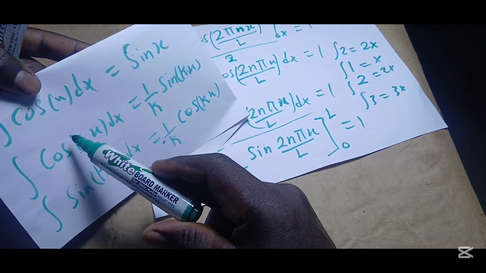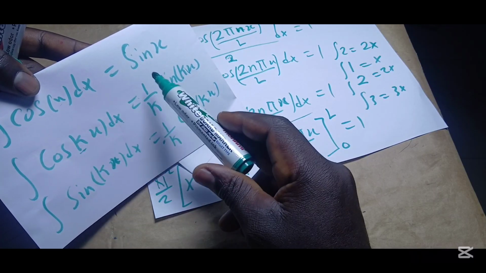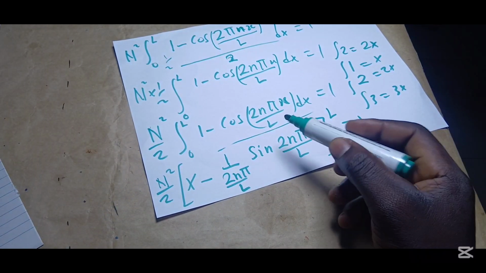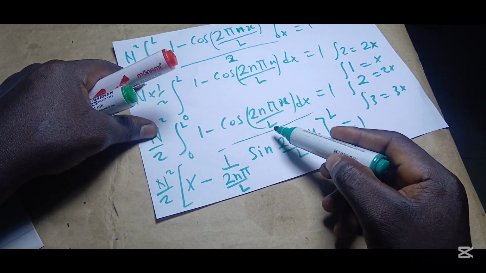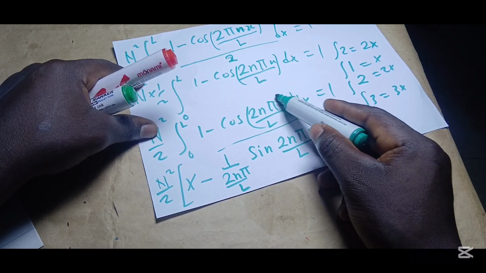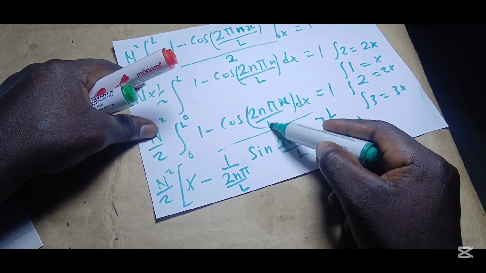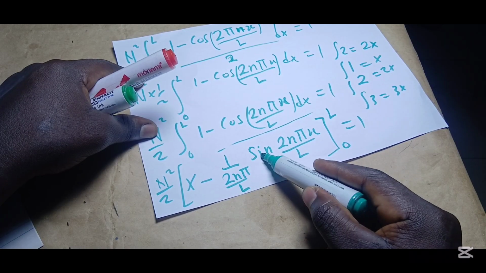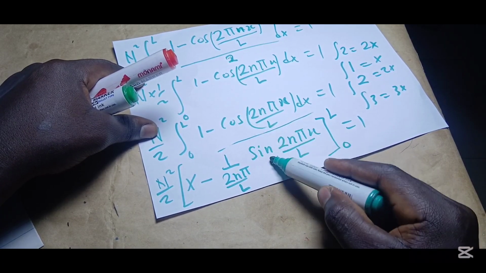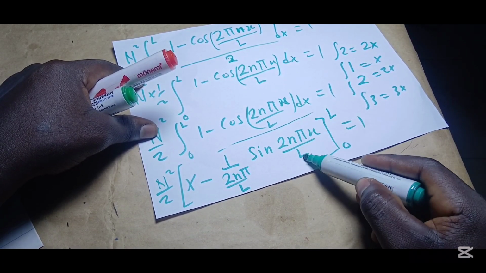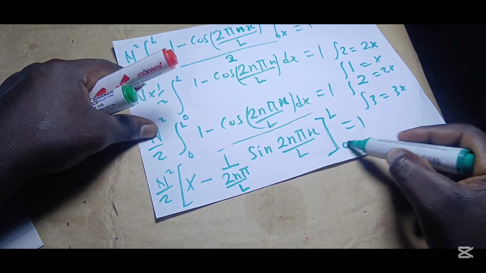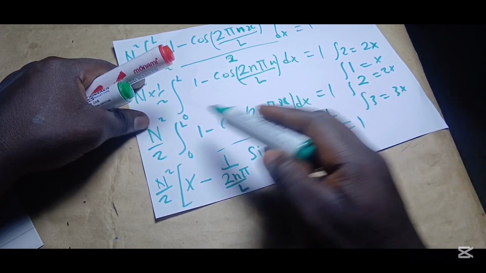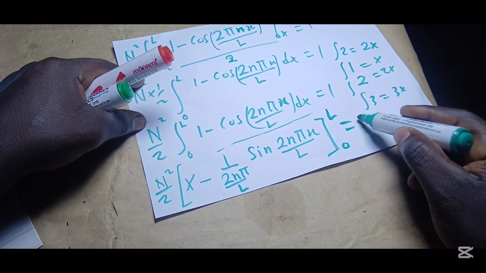Whatever is here, apart from the variable in concern, 1 over that, then sine kx. So here we have 2n pi x over L, so apart from the variable x, 2n pi over L. So 1 over 2n pi over L, sine, since integrating cos gives us sine, 2n pi x over L. Then we now bring in the limit from 0 to L equal 1.